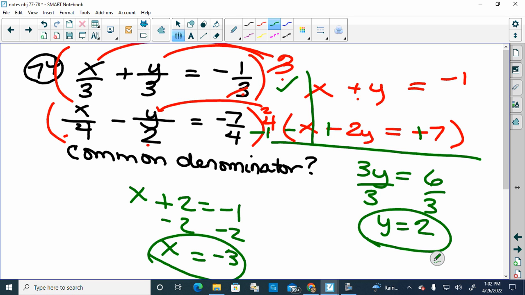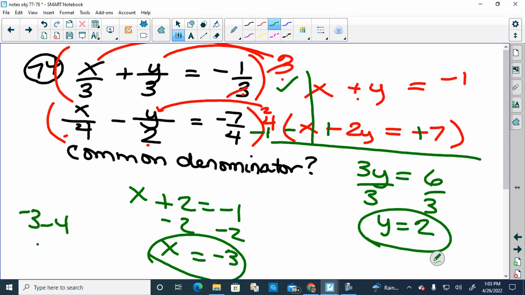If the x is -3, and I had -2 times y, so -2 times 2 would make it -4. Does that equal what my original one was? Yeah, so it works. You could have gone with the one that switched to the opposite. It doesn't matter, it's still the same equation.